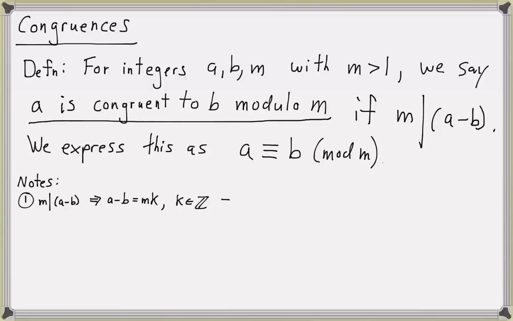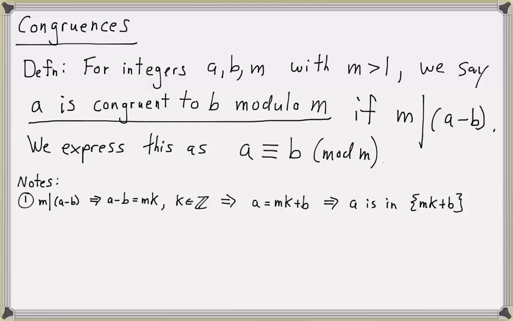If I rearrange this, I see that a equals mk + b. So a is in the arithmetic progression mk + b, where k ranges over all integers.